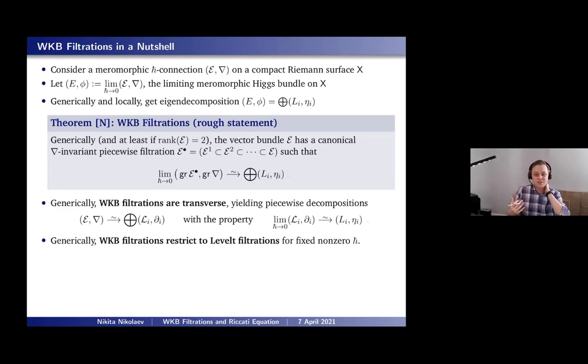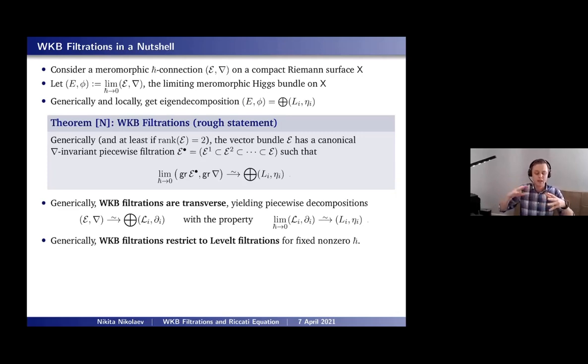These WKB filtrations, it turns out that they're defined on these pieces, on these cells, and these cells are somehow associated with poles of my connection, or more generally, if a pole is of higher order, then it would be associated with the corresponding Stokes sectors.